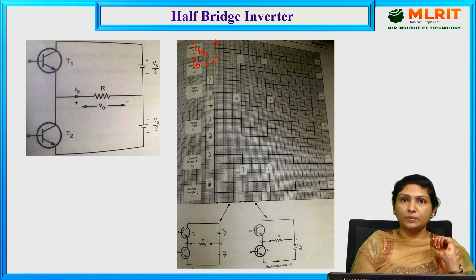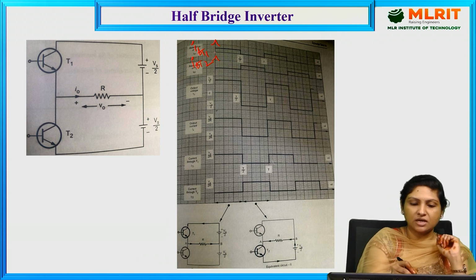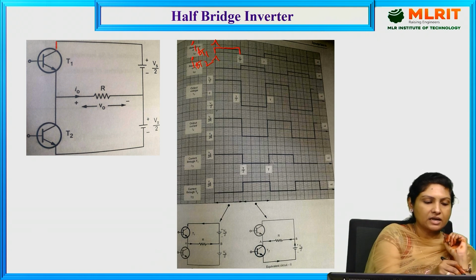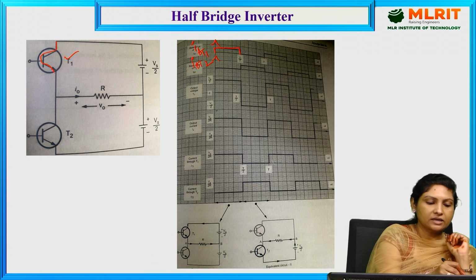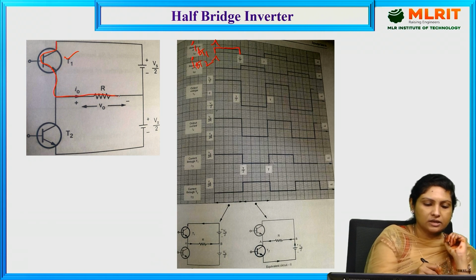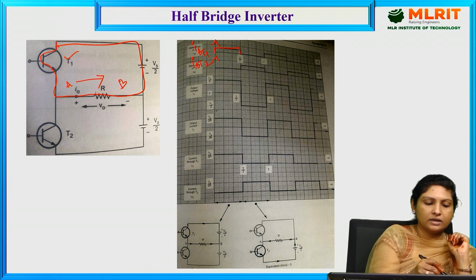When the base drive is provided for transistor 1, that is right from the instant 0 to T/2, at that instant our transistor 1 will be switched on, and it starts conducting current through the load in this direction, that is from point A to B. And here the current remains positive.